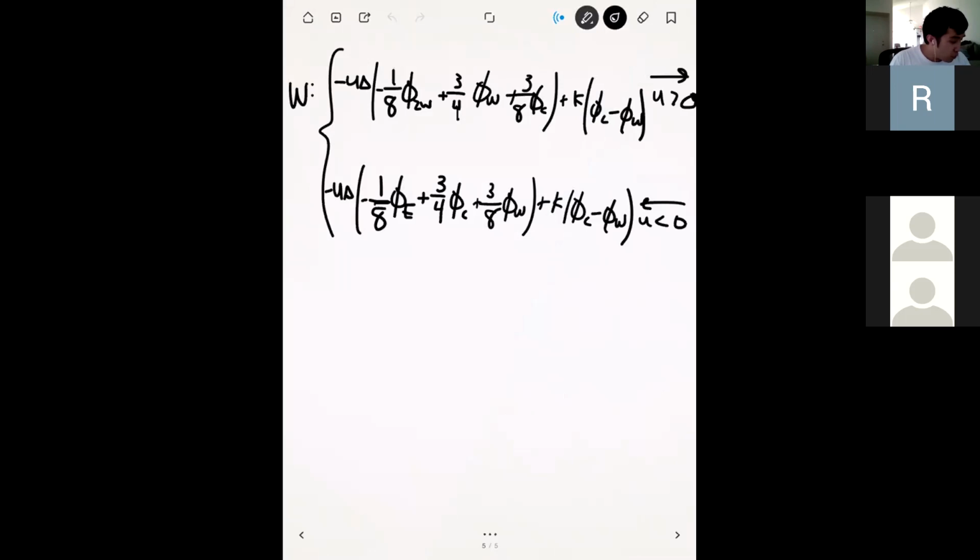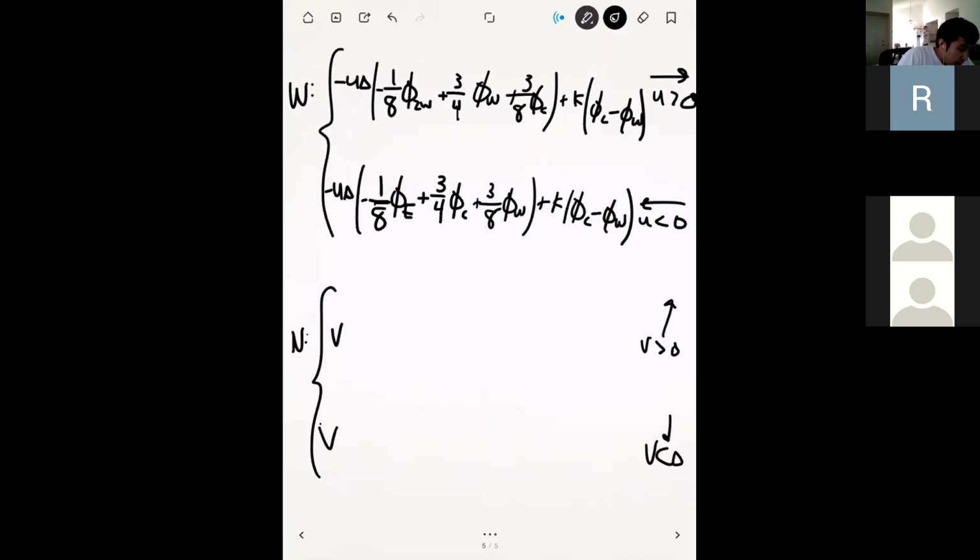Okay, so that's the west. Then we have 1 more to go, so let's do the north. Once again, we have 2 cases. We have v greater than 0, which means the velocity is going up, and then we have v less than 0, which means the velocity is going down.